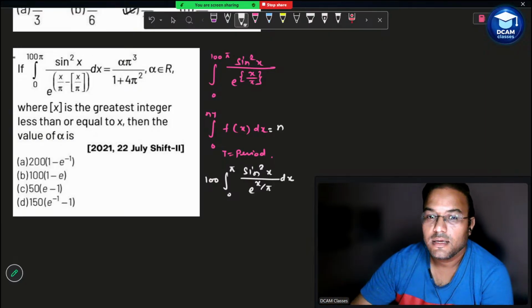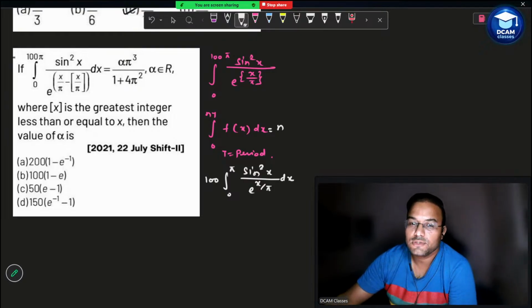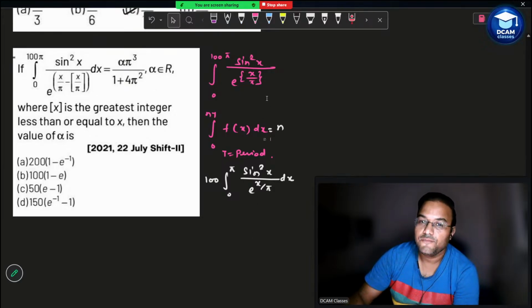So when x is lying between 0 to pi, the value of x by pi would be fractional. So you need not put the fractional part there. We have to put it as a fractional part only if the value of x was greater than pi. Getting? Yes, sir. So let's keep it as it is.